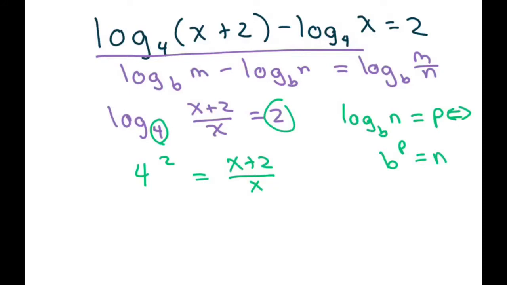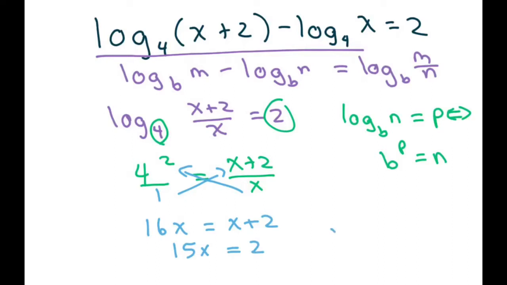So this is 16. If you cross multiply, this is going to be 16x equals x plus 2. Subtract the x from both sides, so you get 15x equals 2. So x equals 2 over 15.